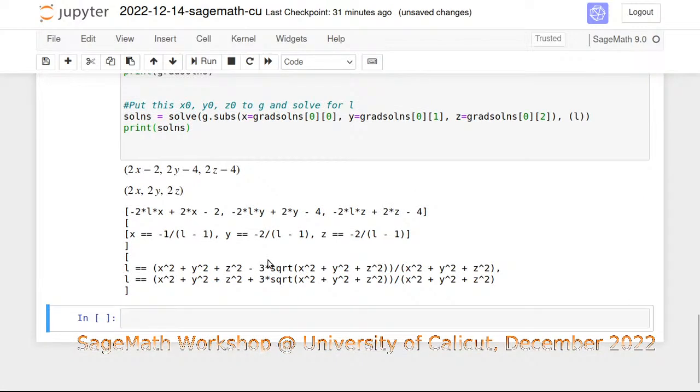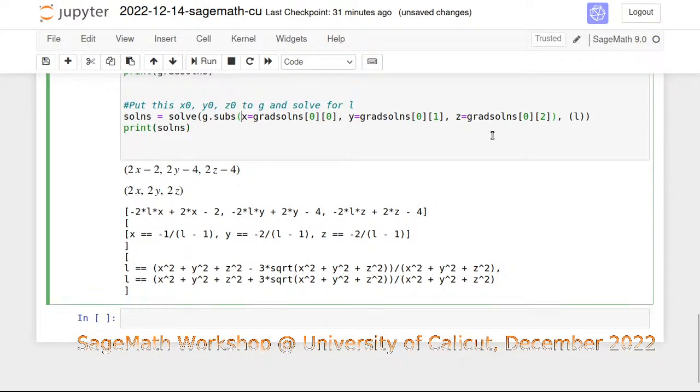We get two values for L, right? But is this correct? Just one second, what we have done here: we are substituting into G of x naught, y naught, z naught, that's equal to 0.